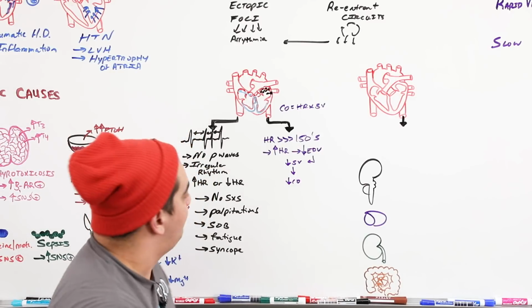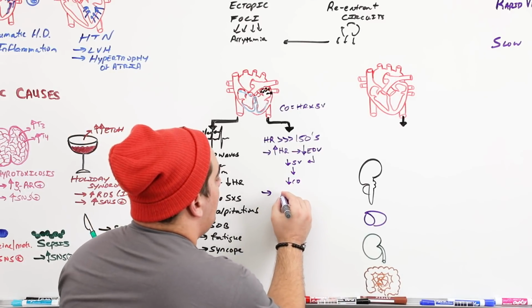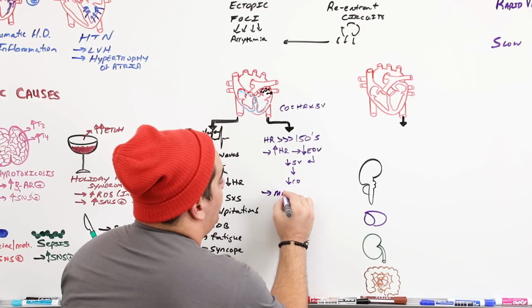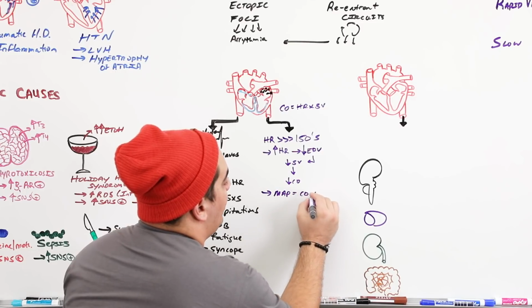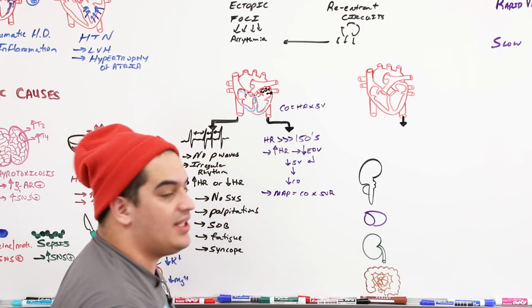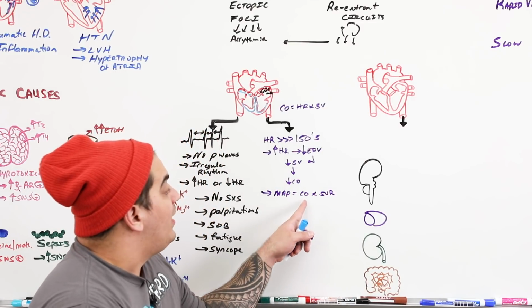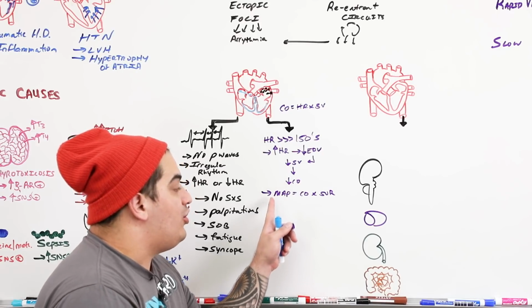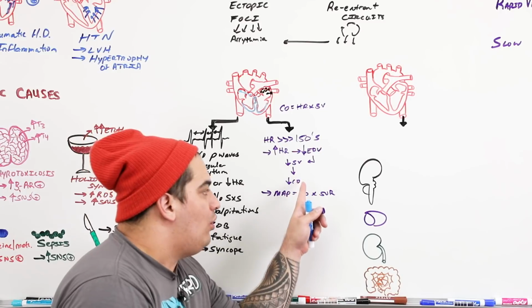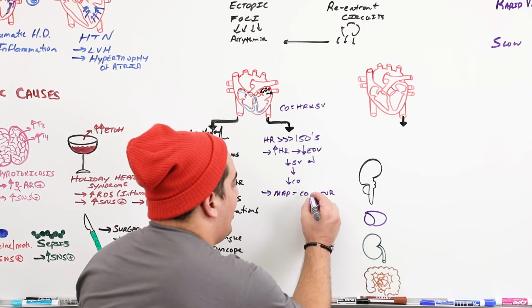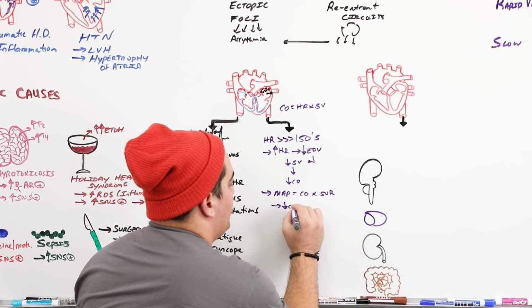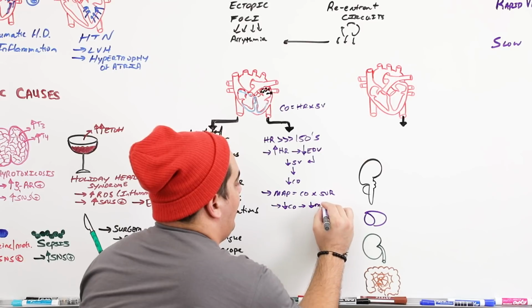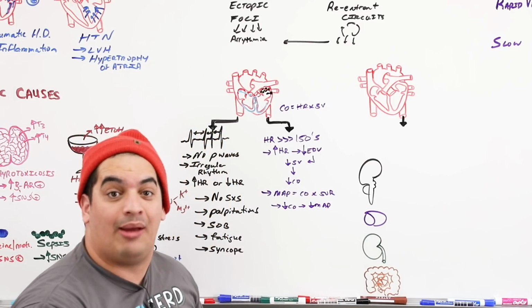Why is that a problem? There's another equation. Your mean arterial pressure is equal to your cardiac output times your systemic vascular resistance. Right? So if you start increasing your cardiac output, you should increase your MAP. If you lower your cardiac output, you could potentially lower your mean arterial pressure. And as a result of that, this may produce hypotension.